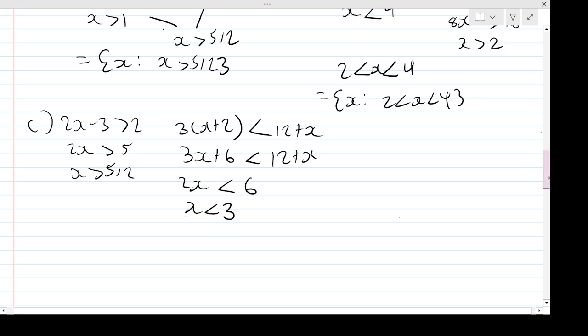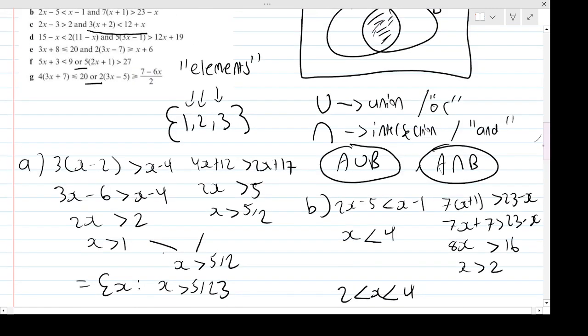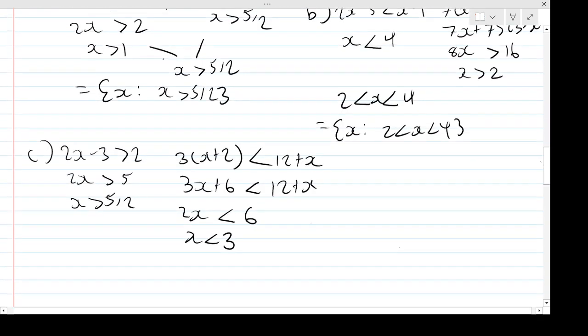Cool. So those are the inequalities. But notice it's saying and again, so it needs to be combined inequalities. It has to be both of them, so it needs to satisfy both inequalities. So think about it again. Use words to help. This one is saying x has to be above 5/2, which is 2.5. So x has to be greater than 2.5, but then x has to be less than 3.